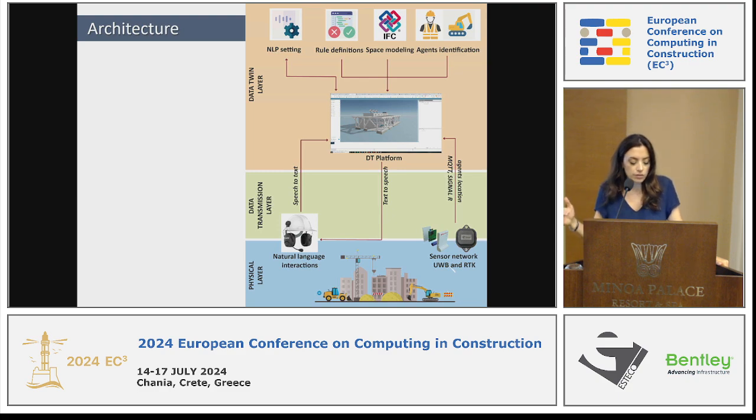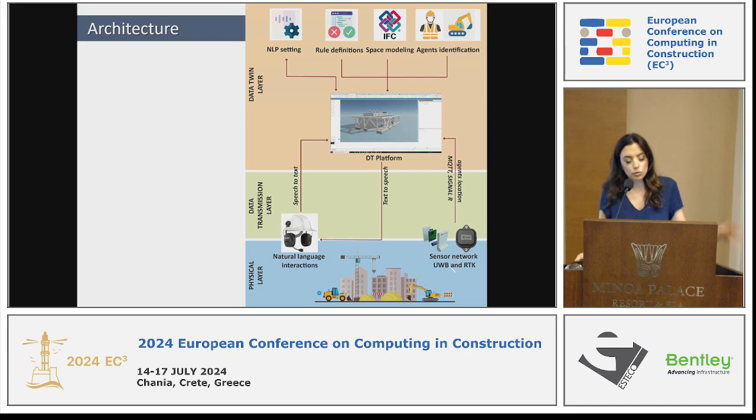So we have, of course, the physical layer. In the physical layer, there are the sensors that I already explained, which give data to a digital twin platform. This digital twin platform is a further development of a platform that we developed in my research group with a previous research.